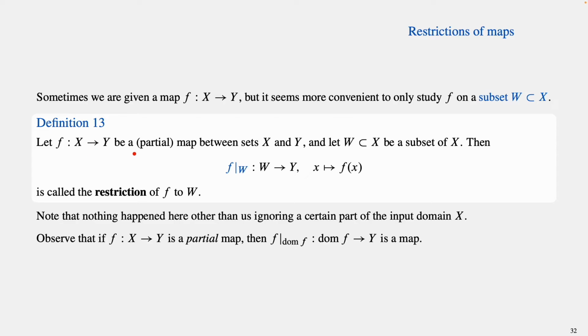If f from X to Y is a map or even a partial map, and if W is a subset of X, then we can define the restriction of f to W by simply looking only at input values taken from the set W, but mapping them to their usual values f of x. And we write this restriction in this way: f with a bar, index W, the subset that we're restricting to. Okay, so we do nothing but ignore a certain part of the input domain for our map f.